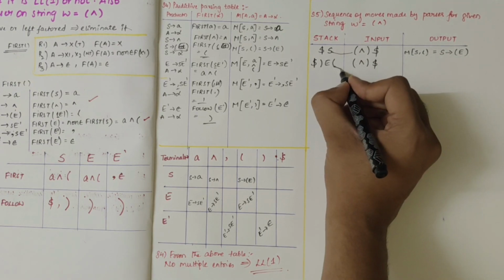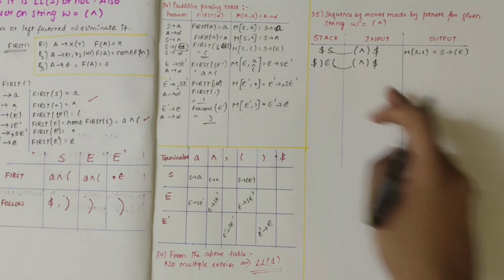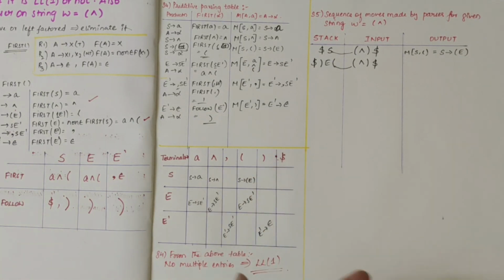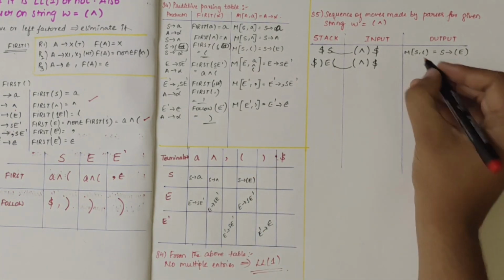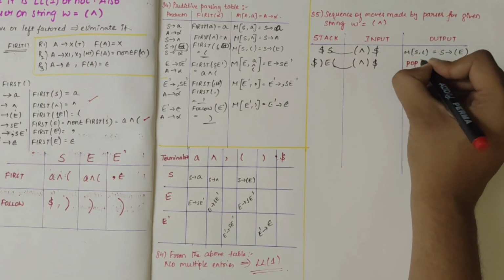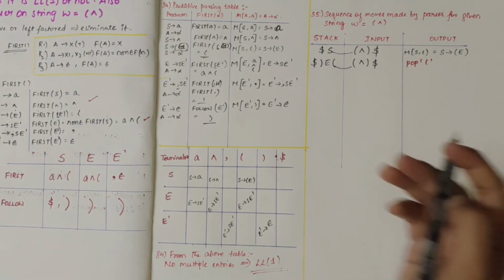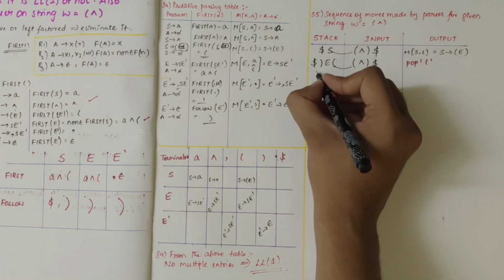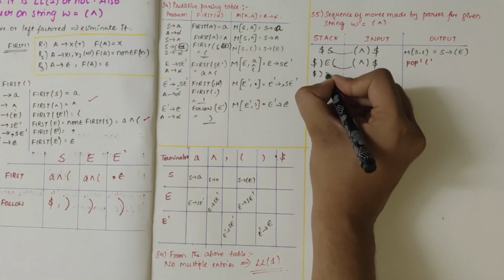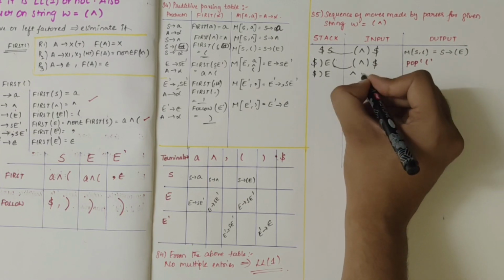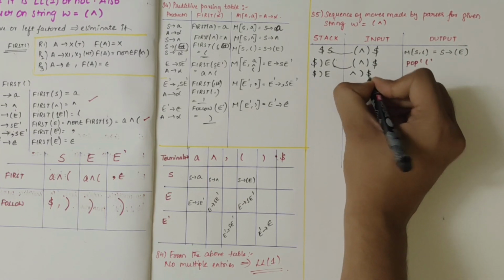When you're comparing open bracket and open bracket, that is two same symbols, in that case you can pop that particular symbol. So these two are popped. So we'll have dollar, close bracket and E here, and on this side we have exponential symbol, close bracket and dollar.